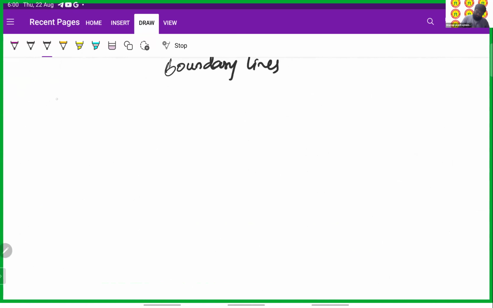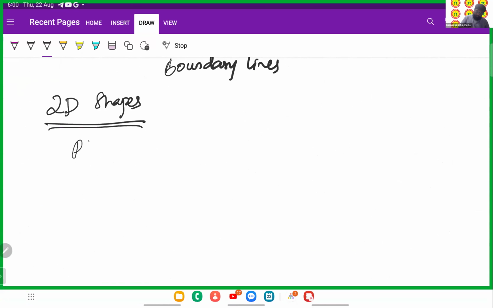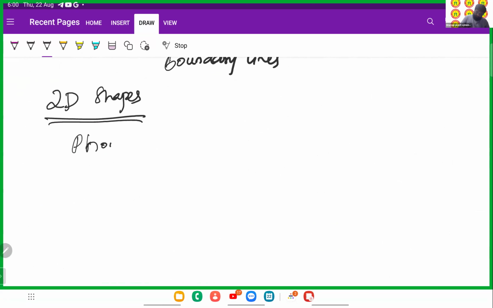For 2D shapes we will be discussing rhombus, quadrilateral, trapezium, and polygon.